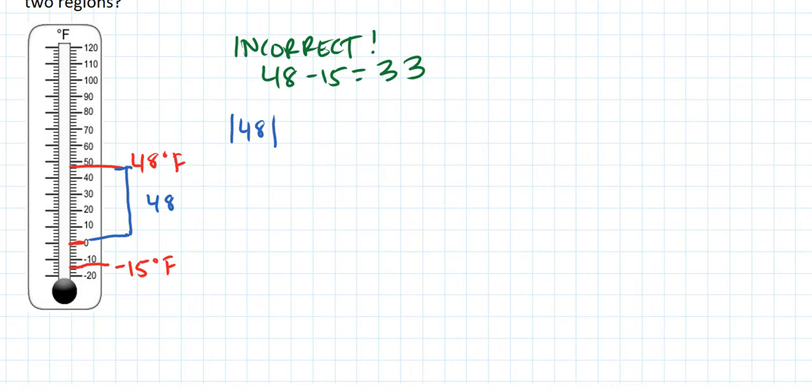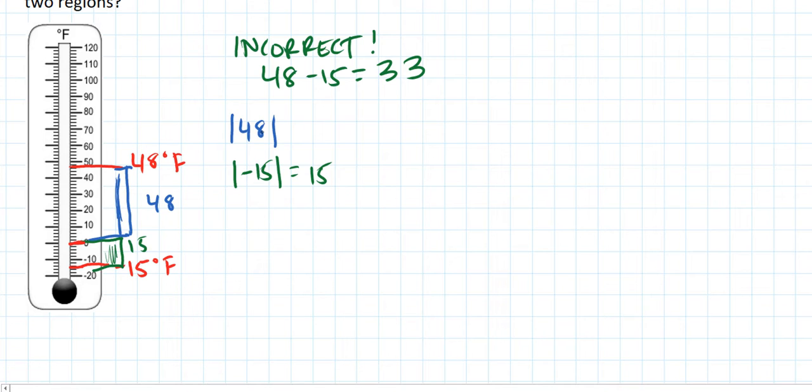The distance from negative 15, the absolute value of negative 15, is 15 degrees. Okay, so there's 15 from here to here in this green right here. And in the blue from here to here, that's 48. Okay, so it's a difference of 48 from here to 0 and 15 from 0 to negative 15.